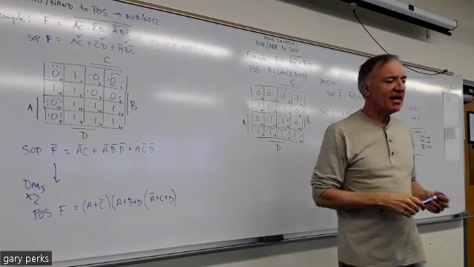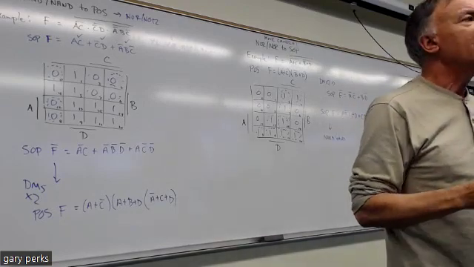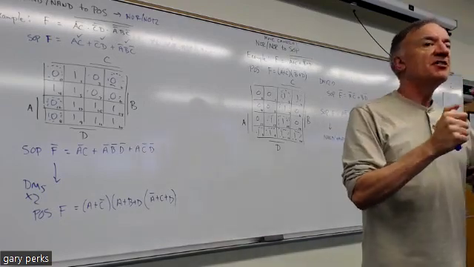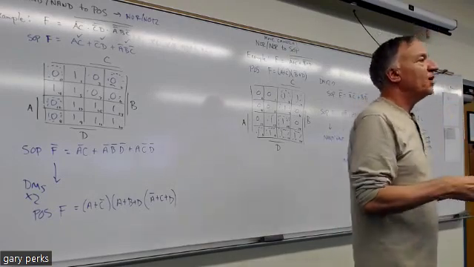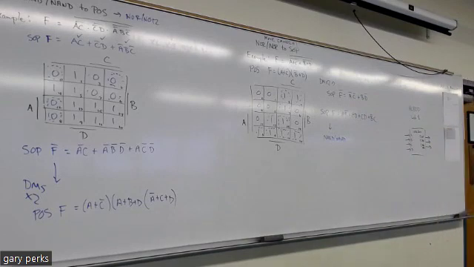But what has happened in the past, if someone's not careful, is that they don't have a reduced expression like they think they do, but they don't. And one way that you can identify if you don't have the correct reduced expression is you'll get more gates in your schematic than what you should. So when you look at your elaborated design schematic, if you have more than the gates that are on the handout that you're given, which I believe is 12, but again, count them to make sure.